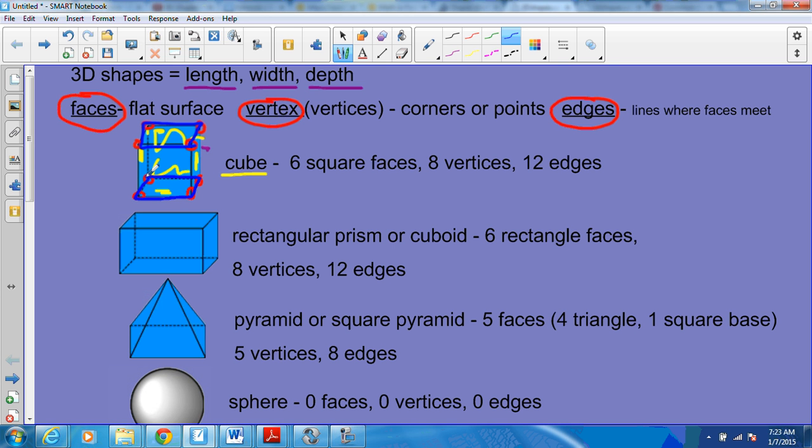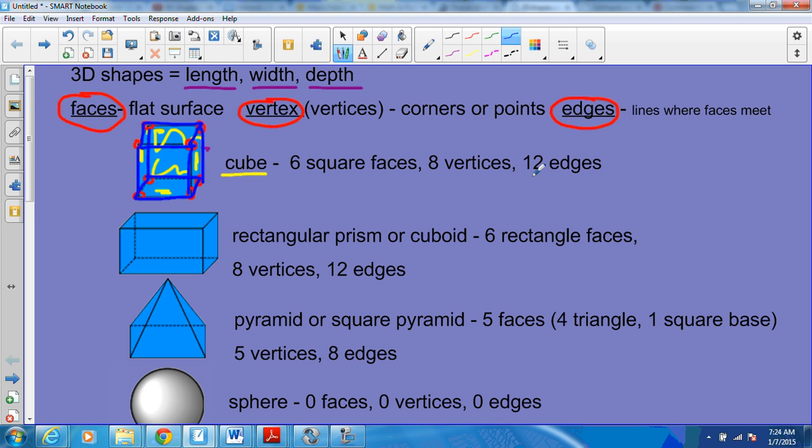That's the bottom of the cube, and it's 4 more lines. I have 4 on top, 4 on the bottom. That is 8. And then I have 4 lines that go up and down that let the top meet the bottom. So those are 4 more. So I have 4 on the top, 4 on the bottom, and 4 vertical lines that help the shape meet. So that means that this has 12 edges.